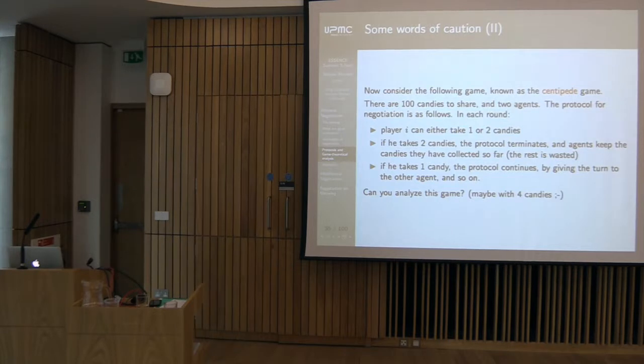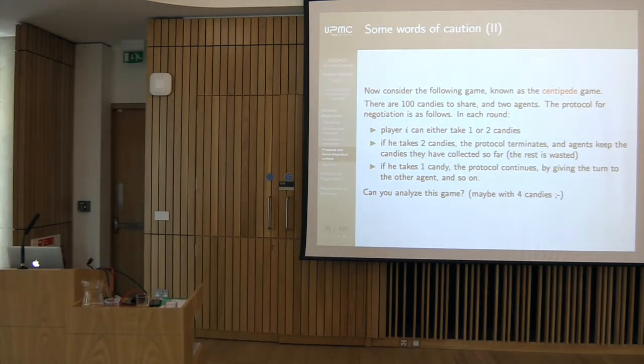So B is here. Okay, so 3, 1, that's the end, and B could take 2 here. So, I was assuming we have just 4 candies, so that's why this is now the end of the protocol, I guess. So there's no 2-2 situation. I'm now confused. There should be 2-3.